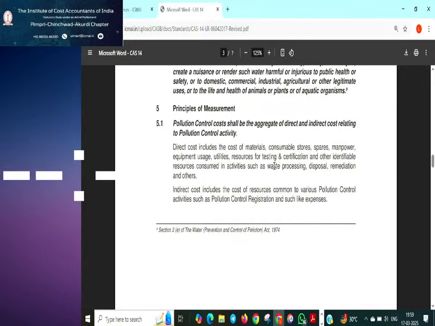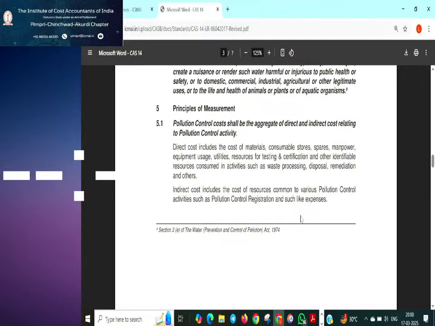There are many industries which have a lot of pollutants that are discharged into water bodies. When it comes to discharge into water bodies, they have water treatment plants. It's all regulated under the Pollution Control Board, that is the State Pollution Control Board. Indirect cost includes the cost of resources common to various pollution control activities such as pollution control registration and such like expenses.